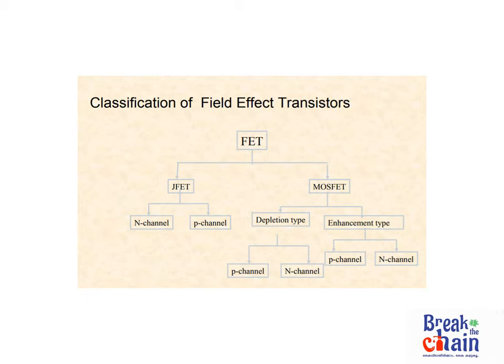MOSFET can be classified into two: depletion type and enhancement type. The depletion type can be classified into two types: P channel and N channel, and the enhancement type also can be classified into two types: P channel and N channel. So this is a broad classification of FET, and you can remember the classification very easily. There are basically two types of classification: JFET and MOSFET. So this is about the classification of field effect transistors.